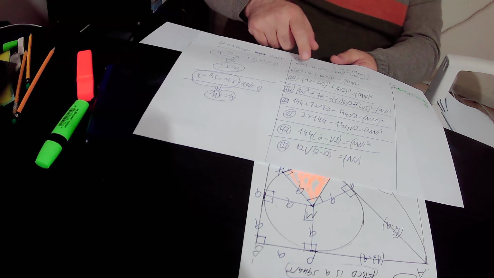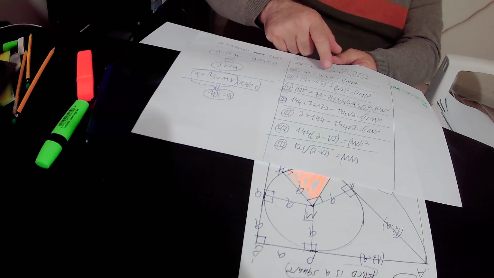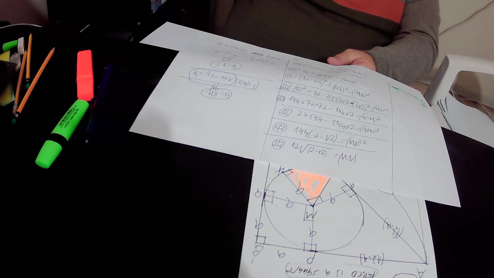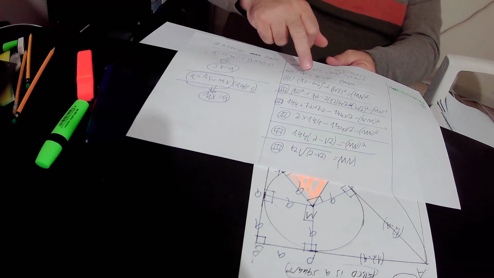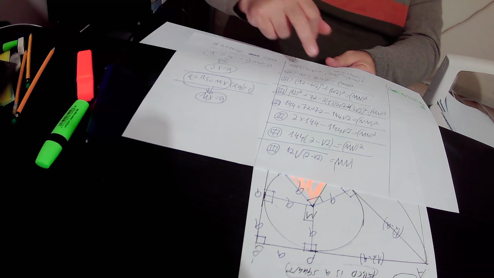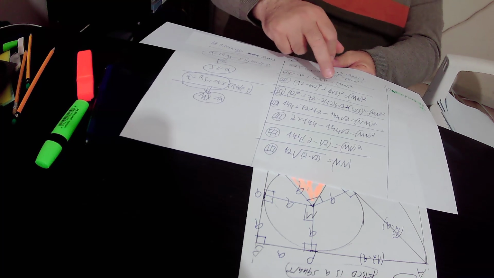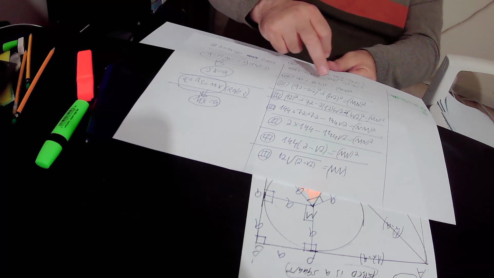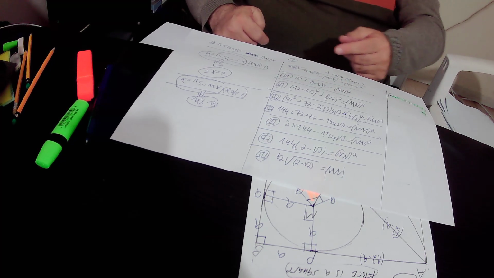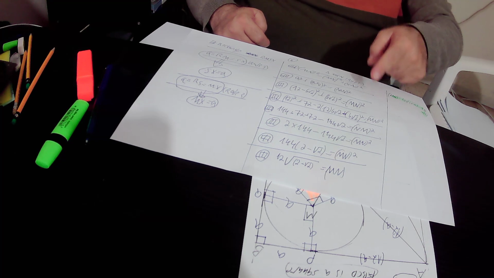So according to equation number 3, A square plus A plus B square equals MN square. We know that A equals 12 minus 6 times square root of 2, so A square is 12 minus 6 times square root of 2 squared. A plus B is 6 times square root of 2, so A plus B square is 6 times square root of 2 squared, and it equals MN square.